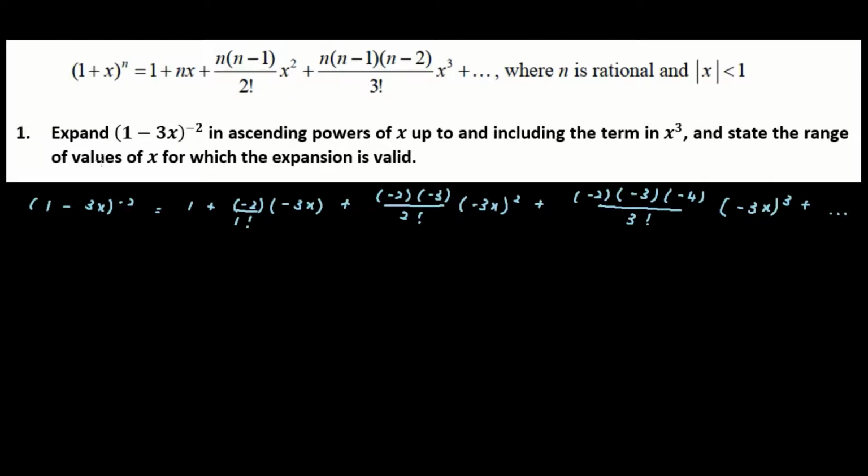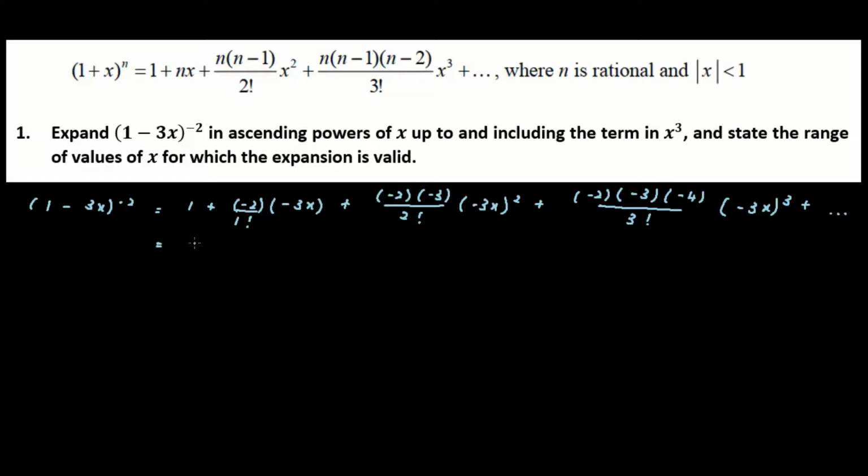Then you always times your x, and the power you write is the exact number of your factorial. So 1 factorial, this is power 1. 2 factorial, this is power 2. 3 factorial, this is power 3. So you do not need to keep referring to the formula. It's all right, it's your first time. When you do it more frequently, you will get the idea.